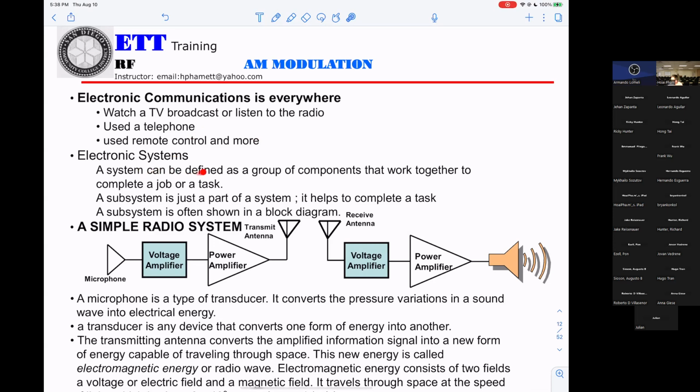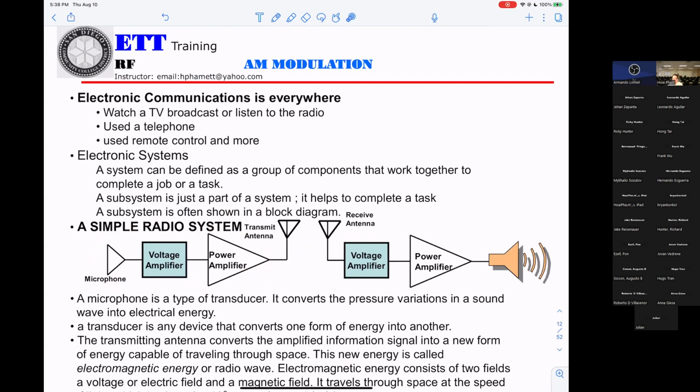A system can be defined as a group of components that work together to complete a job or a task. A subsystem is just a part of a system. It helps to complete a task. A subsystem is often shown in a block diagram. Now, you can see that one.